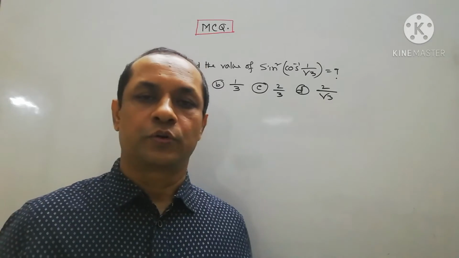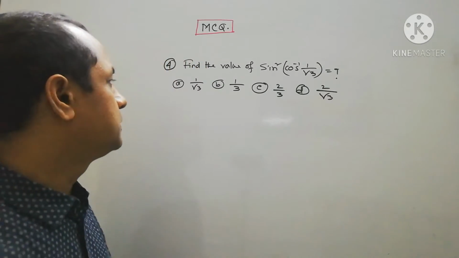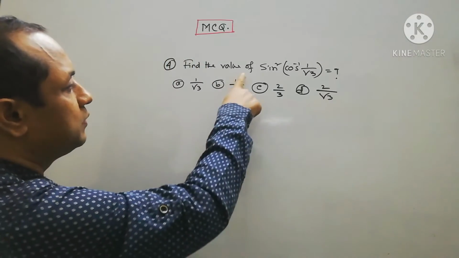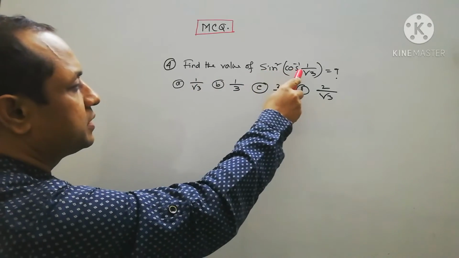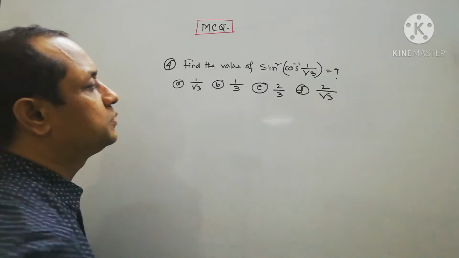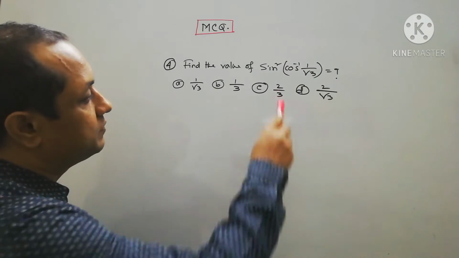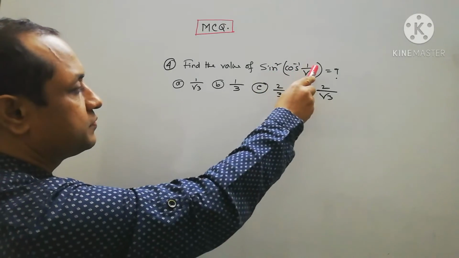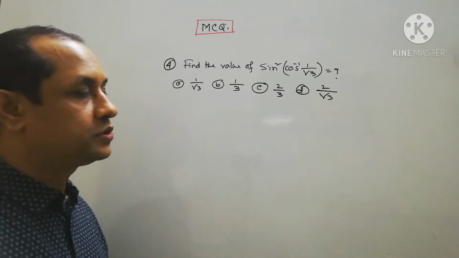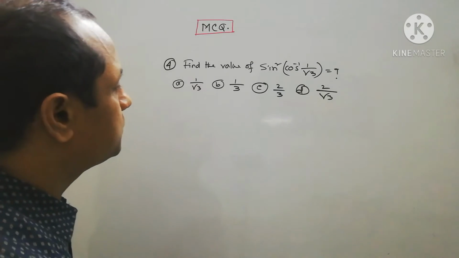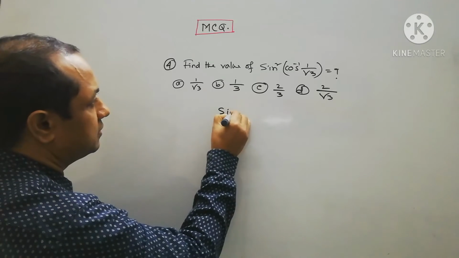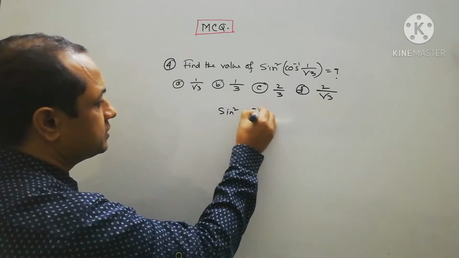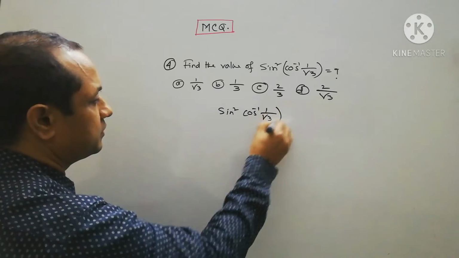Student, question number 4. Look at the board. Find the value of sine square cos inverse 1 by root 3. Now student, here sine square cos inverse 1 by root 3.